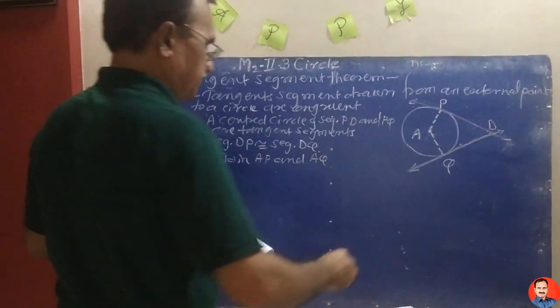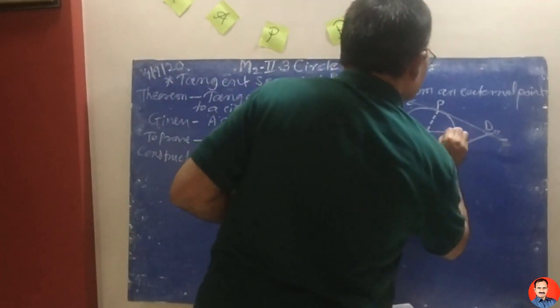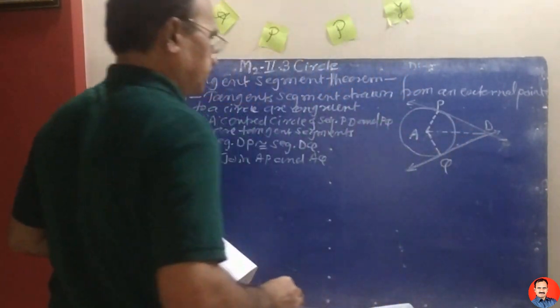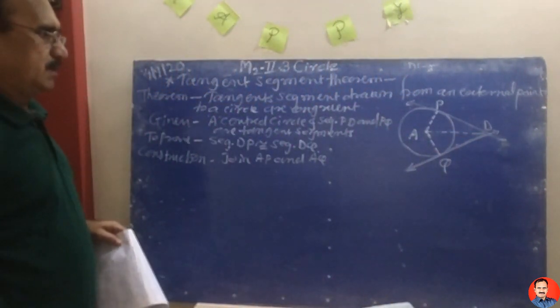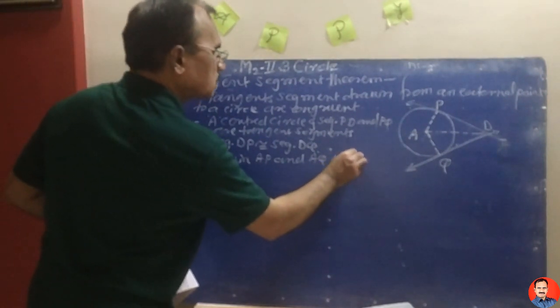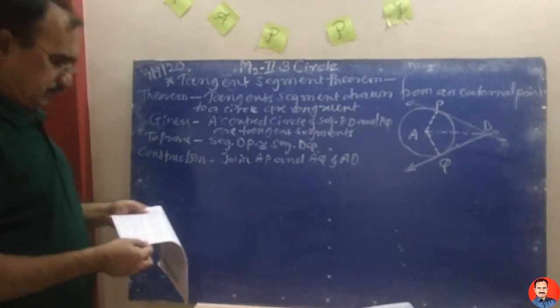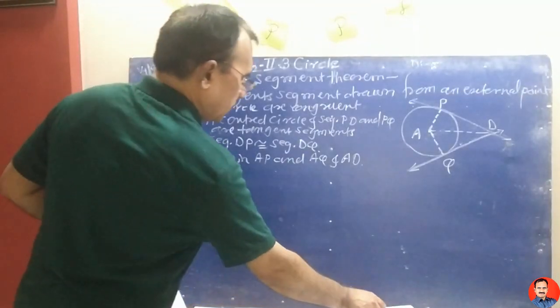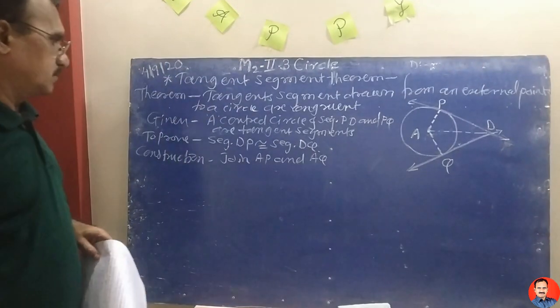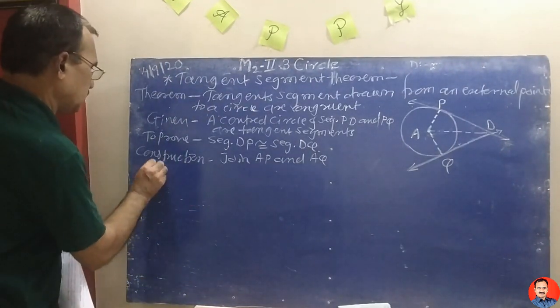Draw this construction with a dotted line: AP, AD and AQ. AD is already given in our figure, therefore it is not necessary to name it in the construction. Then the proof.